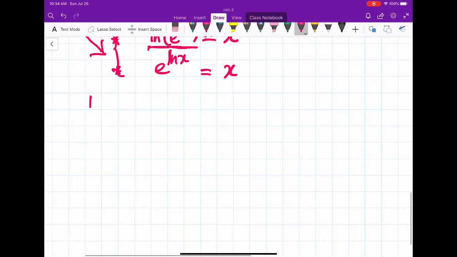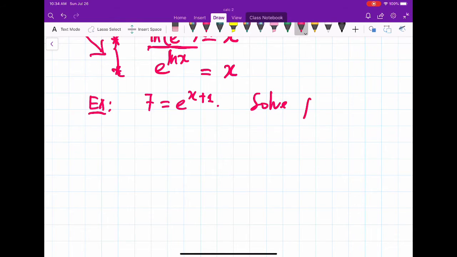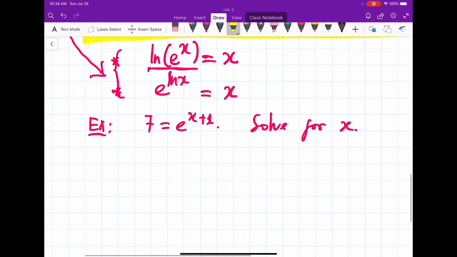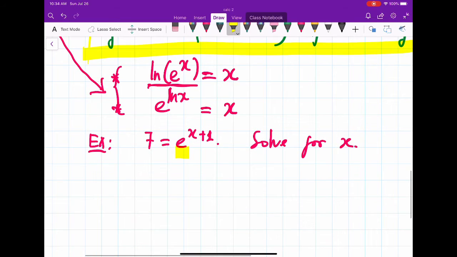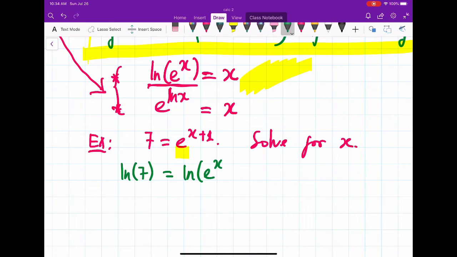Let's consider the following example. We have 7 equal to e to the x plus 1. Let's solve for x, okay? You see, in order to solve for x, since you have the exponential function in here, you may apply the first identity. So you apply ln to both sides, you get ln of 7 equal to ln of e to the x plus 1.